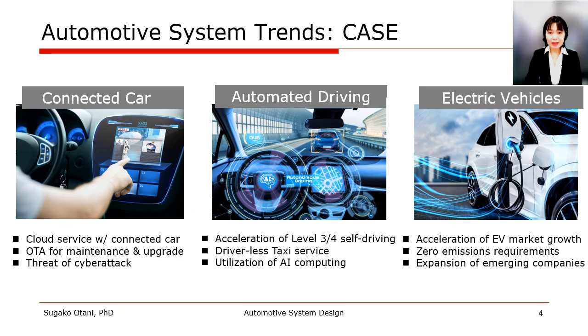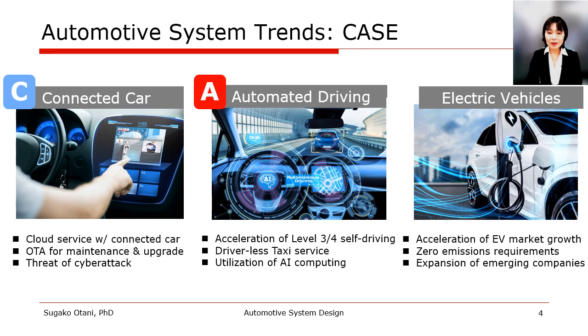The automotive industry is undergoing major changes in 3 key areas. The first is the connected car, which is constantly connected to the internet and cloud services. This is a foundation for improved convenience, but it is also strongly required to counter cyber attacks. The second is automated driving.